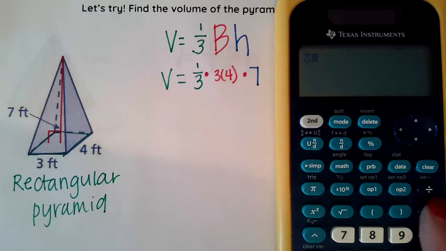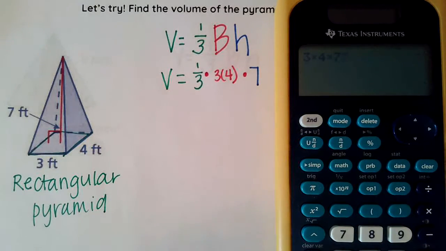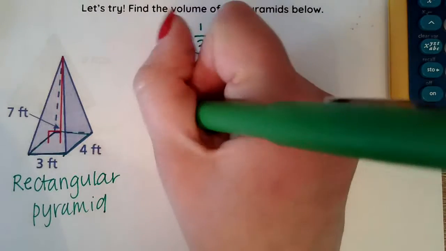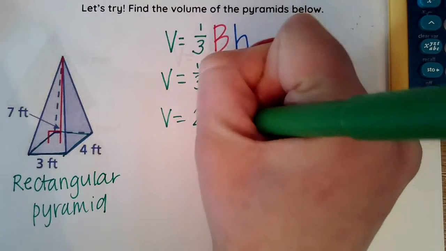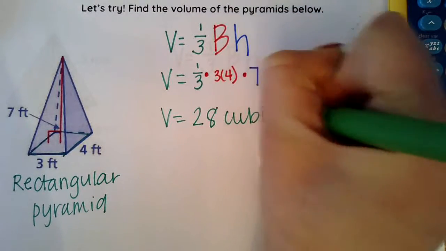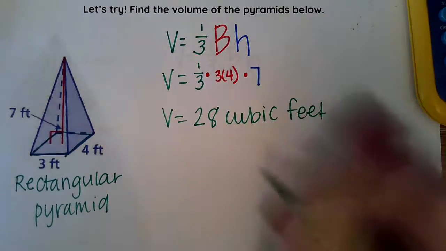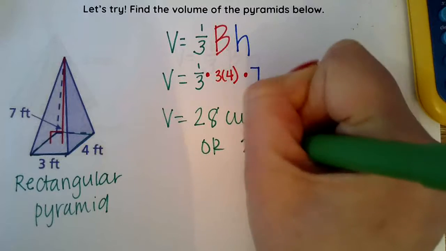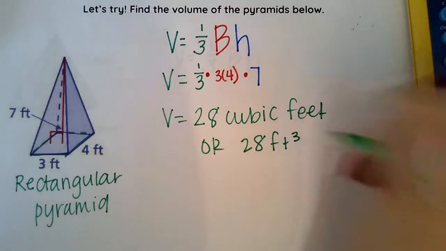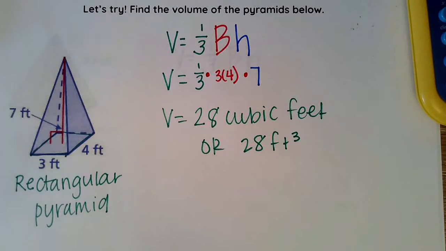So if I go 3 times 4 times 7, and divide that all by 3, I will get a total volume of 28 cubic feet. I can also write that abbreviated by saying 28 feet cubed. Either way works.